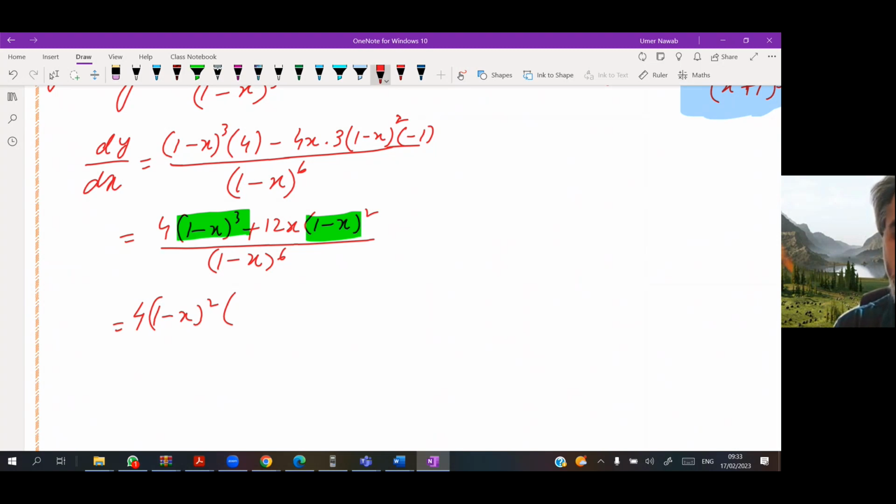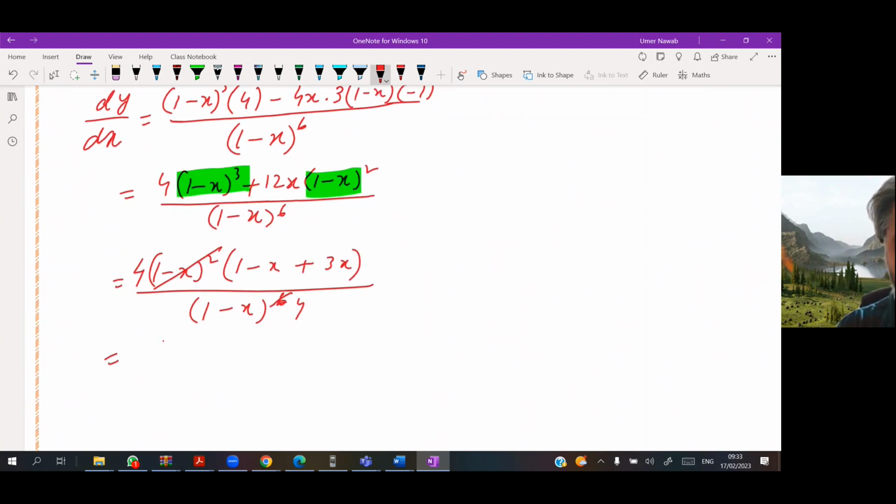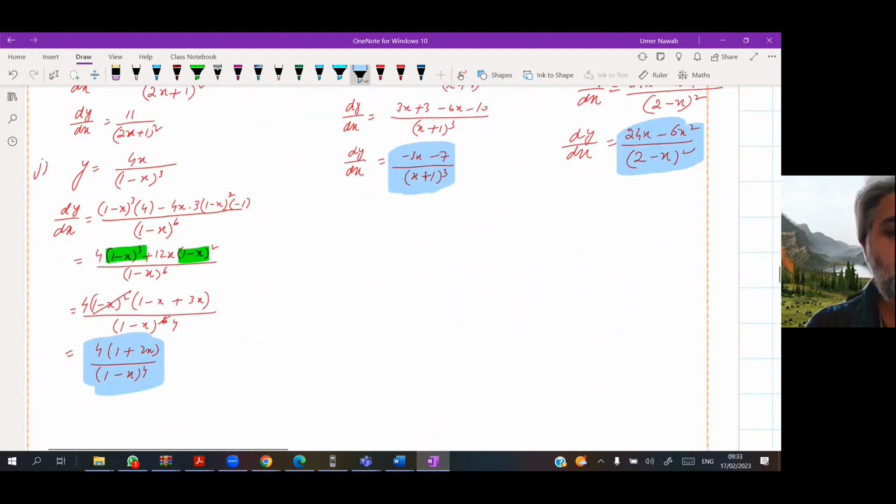So only 1 minus x will be left here, plus 3x over. Cancel this, and it leaves you 4 here. Again, guys, I'm telling you, it's hitting at your algebra skills. So J part done. Now I'm going to go to the K part.